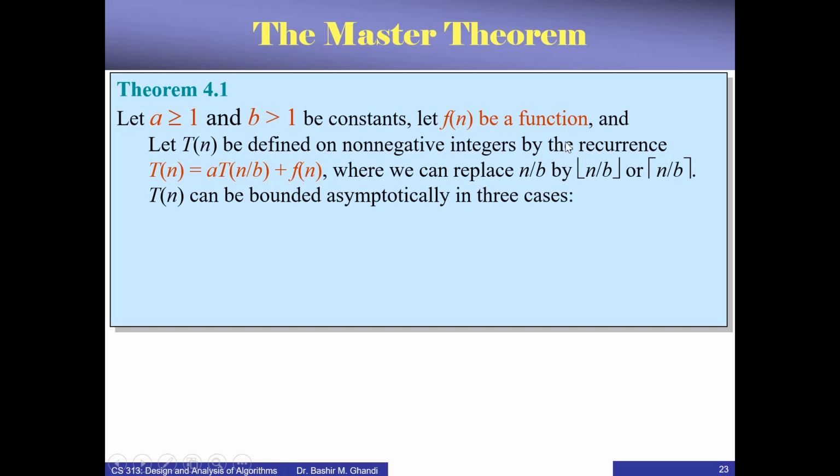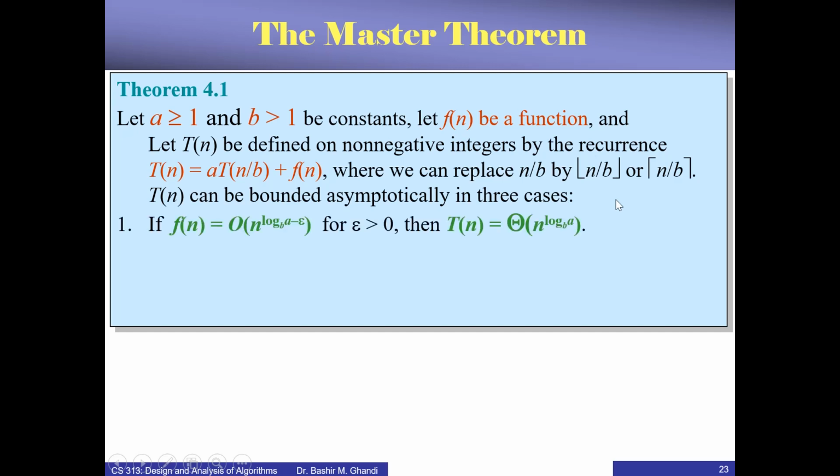Let f(n) be a function, and let T(n) be defined on non-negative integers by the recurrence of the form T(n) = a T(n/b) + f(n), where, as I said, we can replace n/b by the floor or the ceiling of n/b. If all these conditions are satisfied, then T(n) can be bounded asymptotically in 3 cases.